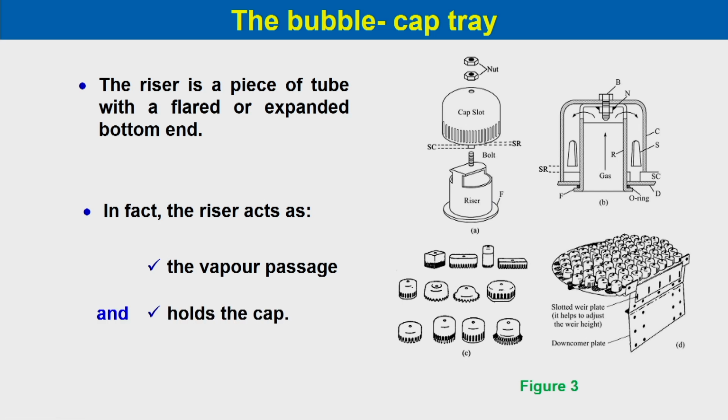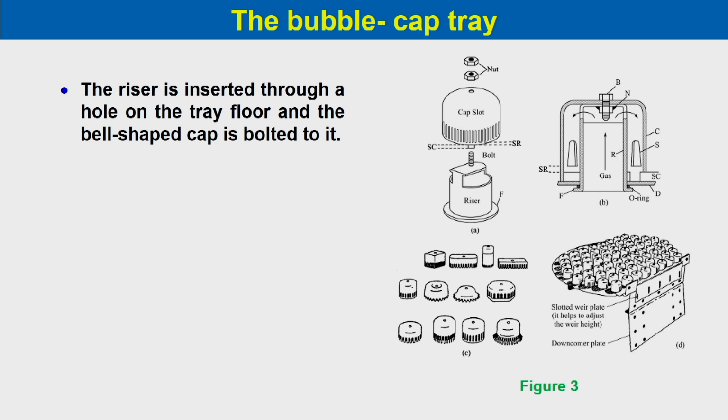So, when you put the cap over the riser and there is a flow from the bottom, the cap will go up and the opening from the riser will also go up. So, the vapor will go out; it controls the vapor passage and it also holds the cap over it. The riser is inserted through a hole on the tray floor and the bell shaped cap is bolted to it.